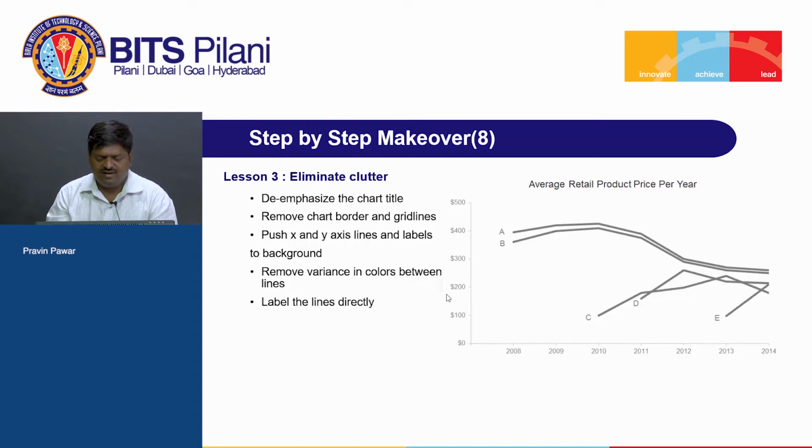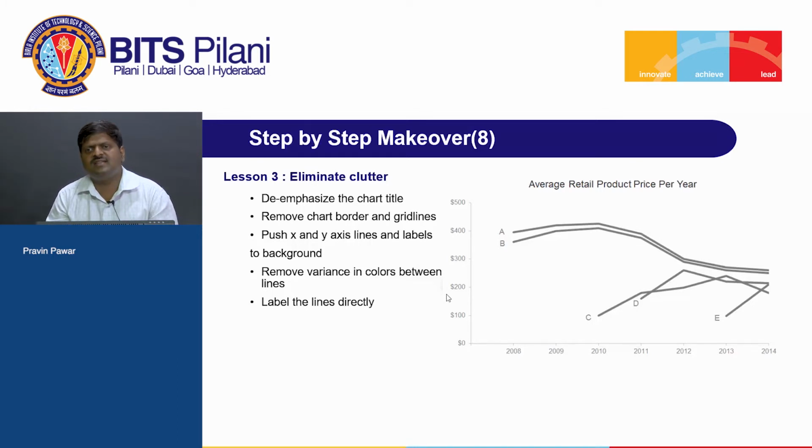We also understood how to identify that clutter with the help of Gestalt's principles of visual perception, and, once identified, how to get rid of those unnecessary visual elements present on your visualization.